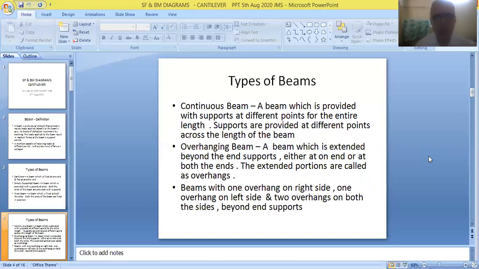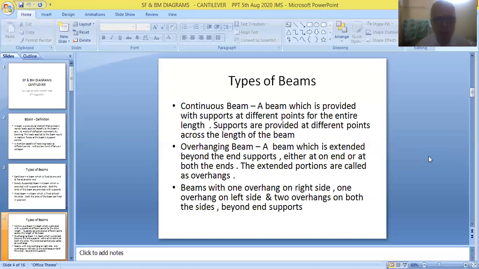As the next one, it is called a continuous beam. So here, just like a simply supported beam, this continuous beam is provided with supports at the ends of the beam, and in addition to end supports, several other supports are provided throughout the length of the beam.